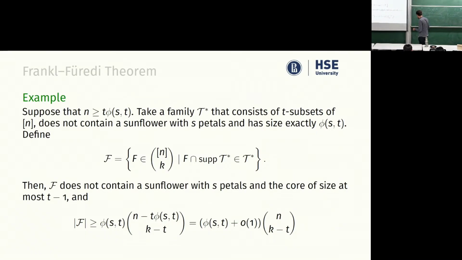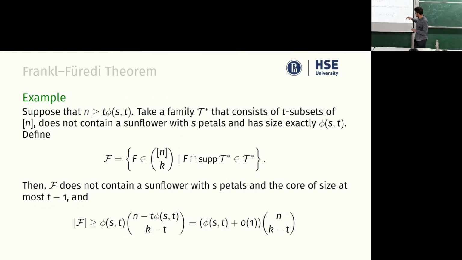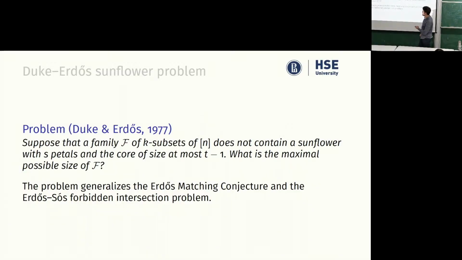So we have upper and lower bounds that are both defined by the function phi of S and t. Are there other connections between the problem of determining phi of S and t and the Duke-Erdős problem?